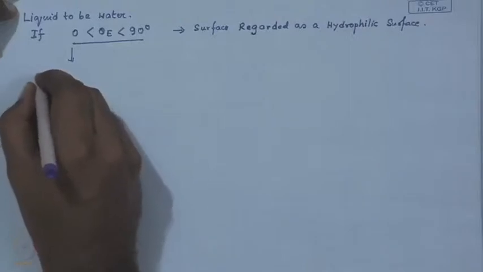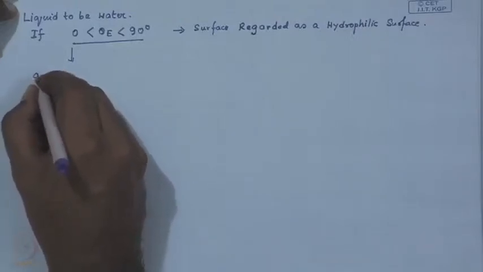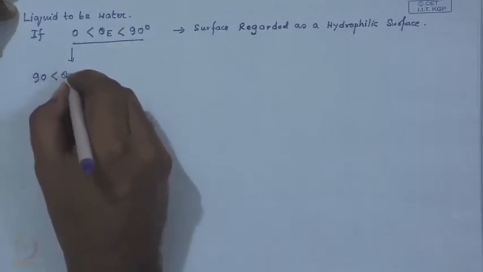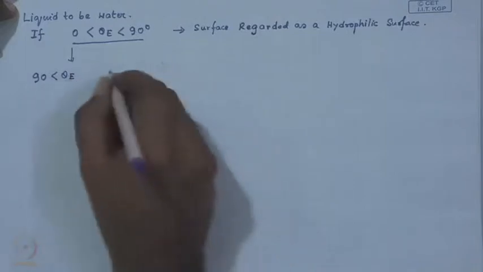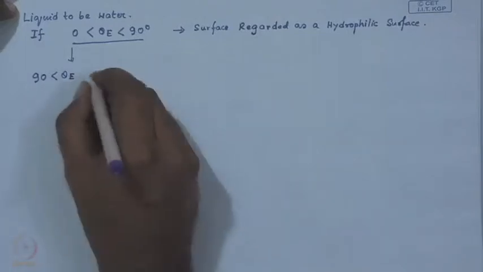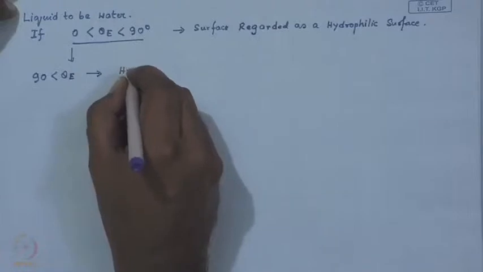In contrast, if theta is greater than 90 degree, all the way as high as possible, it is a hydrophobic surface.